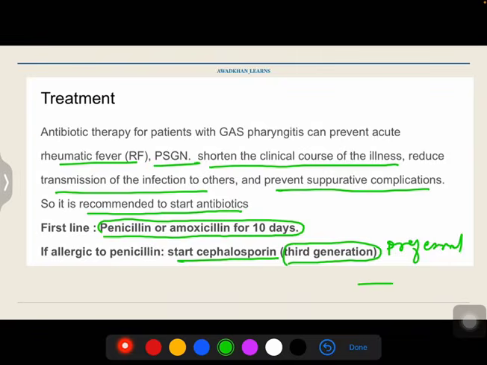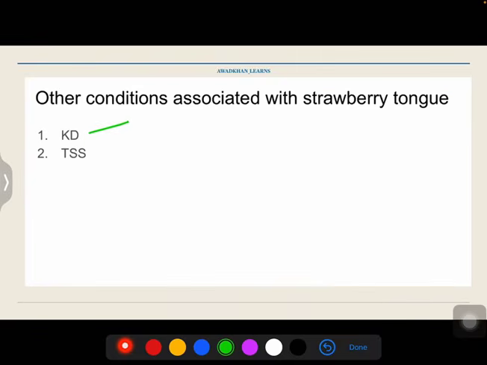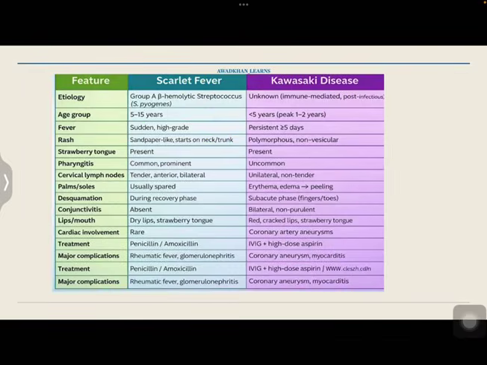Other conditions associated with strawberry tongue: Kawasaki disease and toxic shock syndrome. So we need to see the difference between Kawasaki disease and scarlet fever, as Kawasaki disease is the closest differential diagnosis of scarlet fever.